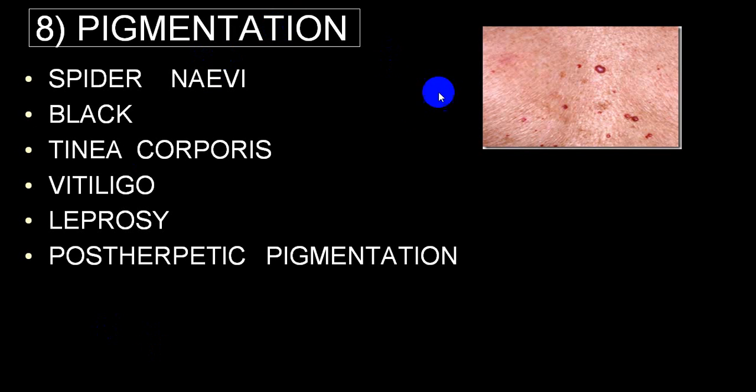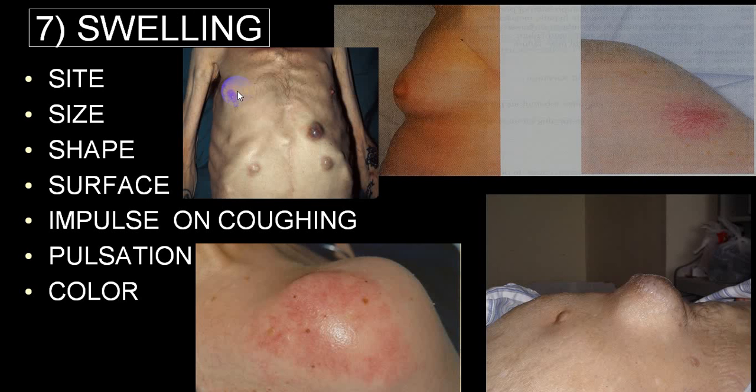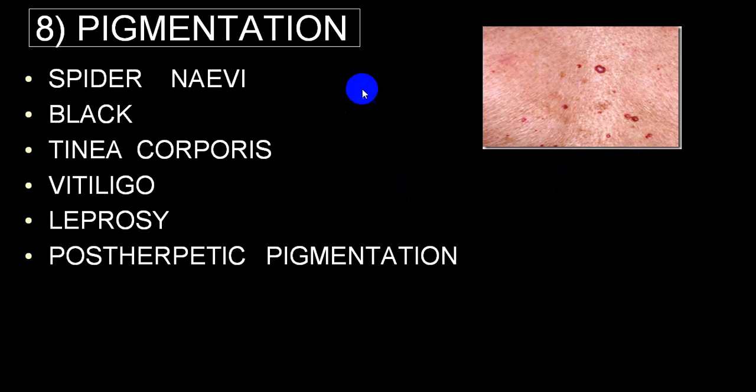Then as far as pigmentation is concerned, spider nevi, we have shown you this. This is classical spider nevi. Then these are small moles, or telangiectasia. You can have a black pigmentation very classically in case of Addison's disease. You can have a tinea infection over the chest, we call tinea corporis.